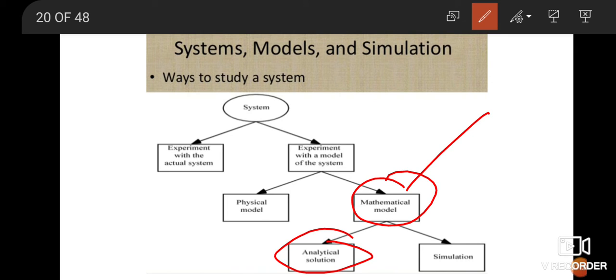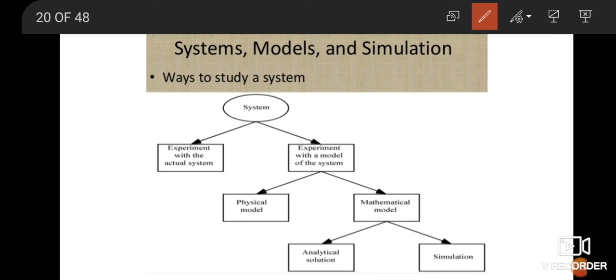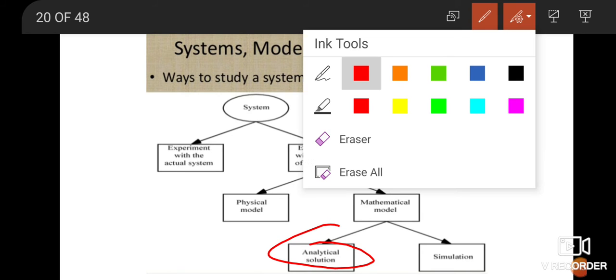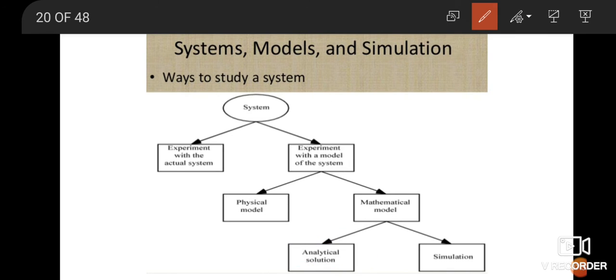Then there is the analytical solution. So in mathematical form you can have an analytical solution. That means from the mathematical model itself, by writing the certain equations, you can find the solution, like with Fourier series and so many other things. Suppose there is a particular equation, and when you solve that equation, you come to a particular conclusion, you get the exact relation between them, and thus you have analyzed a particular system.